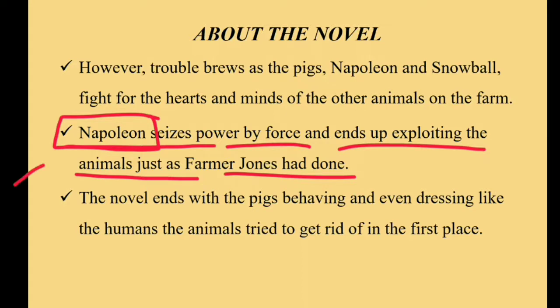He utilized power in order to become the leader and ends up exploiting animals. Animals had thought that now their better days are arriving, but that did not happen, unfortunately. The power relied upon Napoleon and he misused it. So now he became just like Farmer Jones.